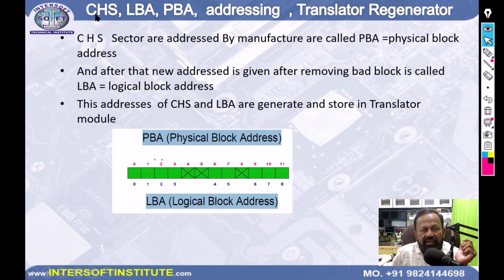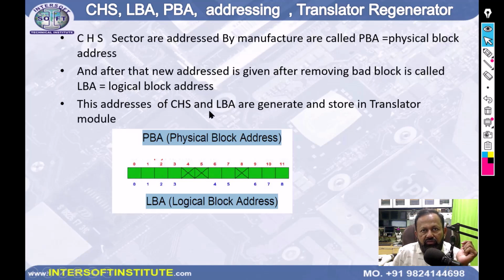So there is addressing like CHS, LBA, and PBA. There are 3 types of addressing: CHS, LBA, and PBA. These are all recorded in the translator table. The CHS represents the sector address given by the manufacturer, also called the PBA, physical block address. After that, the new address given after removing the bad blocks is called the LBA.